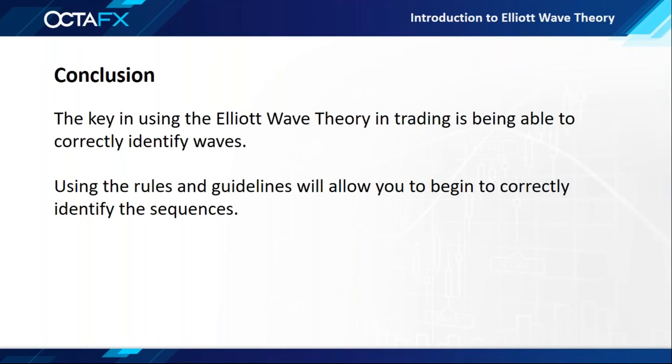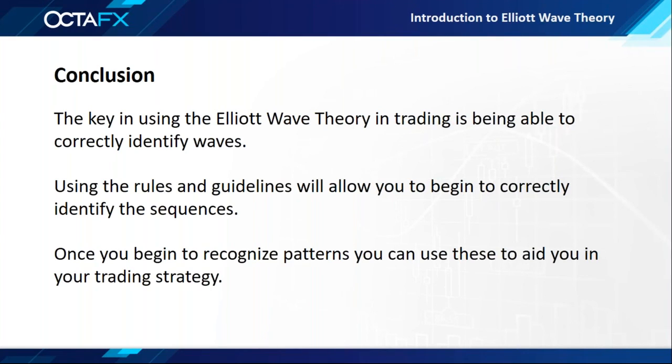And once you identify the sequences, you're going to be able to forecast potentially where price is going to go. And being able to identify these sequences, in other words, has predictive value. Once you begin to recognize patterns, you can use these to aid you in developing your trading strategy and your trading decisions.